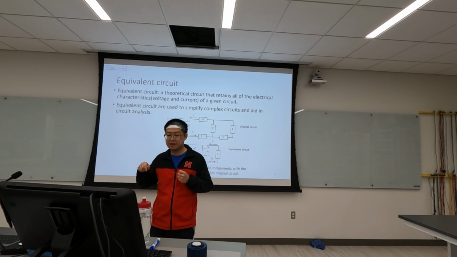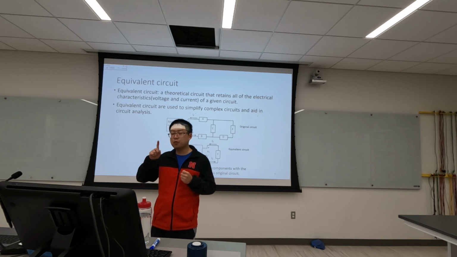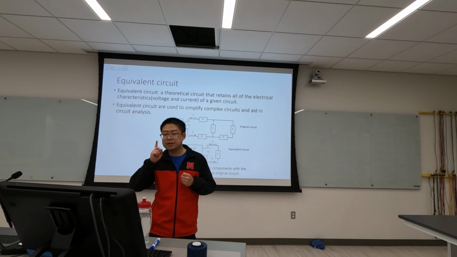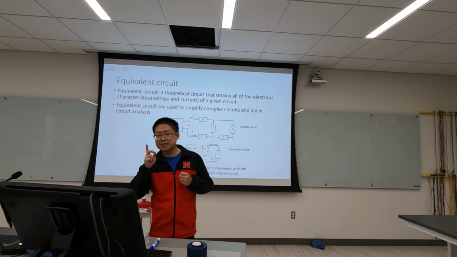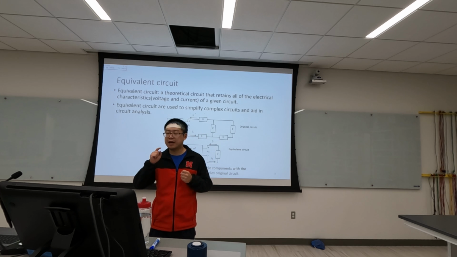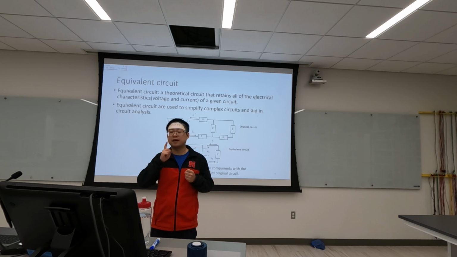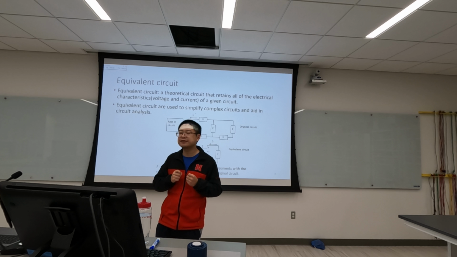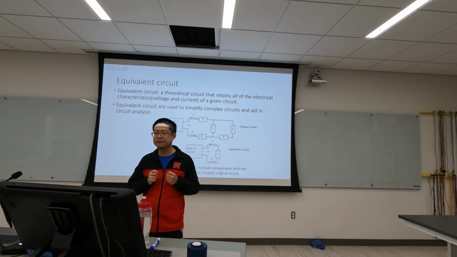So we use F. So one element, and also retain the electrical characteristics so that I1, I2 does not change. So the I1, I2, and V1 in the equivalent circuit equals the I1, I2, and V1 in the original circuit. So these two circuits are equivalent. So this is the definition of equivalent circuit.